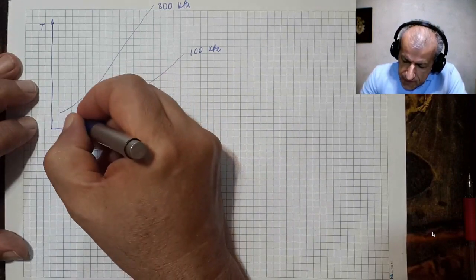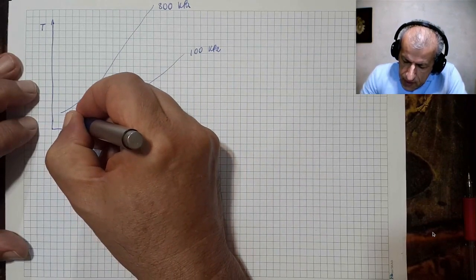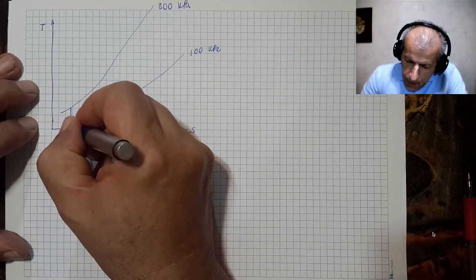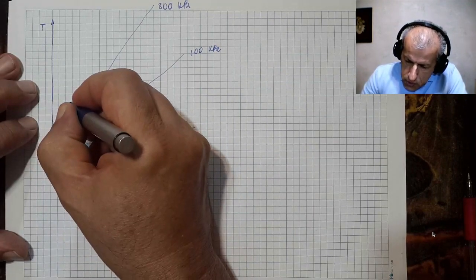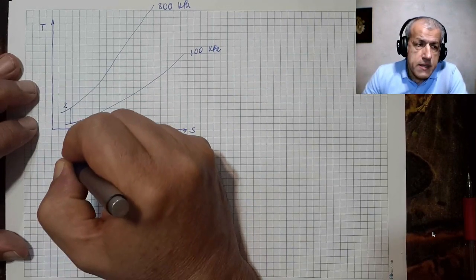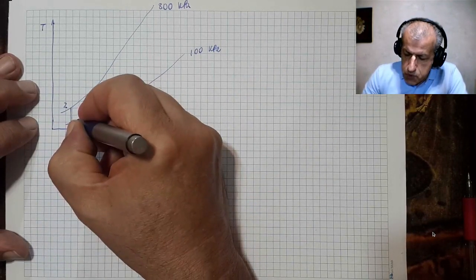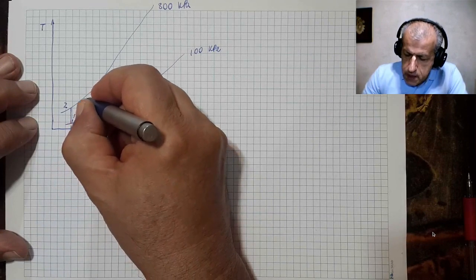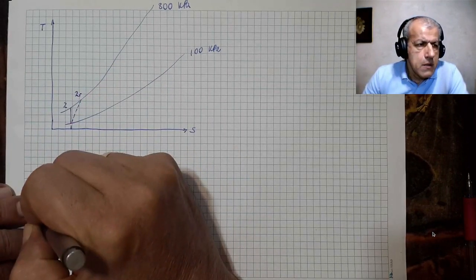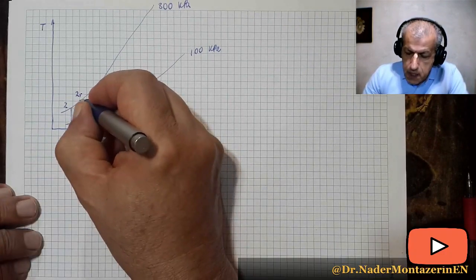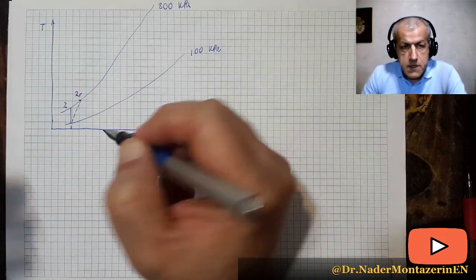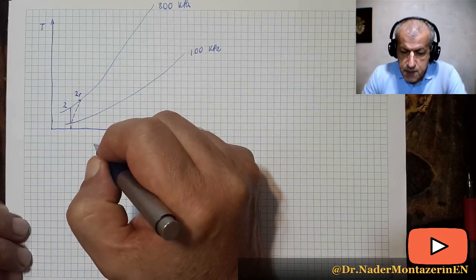So the ideal compressor started from point 1 and ended up at point 2. Now the real compressor would start at point 1 and would end at point 2 sub r, which is the real compressor, and the compressor has some efficiency.